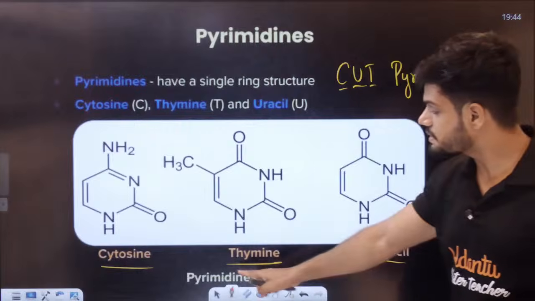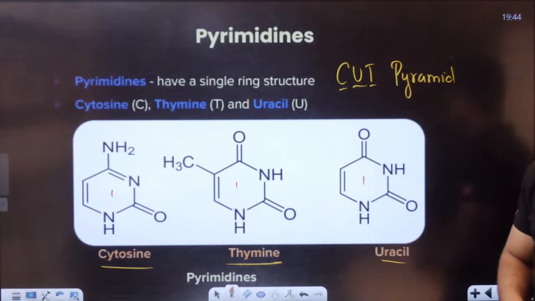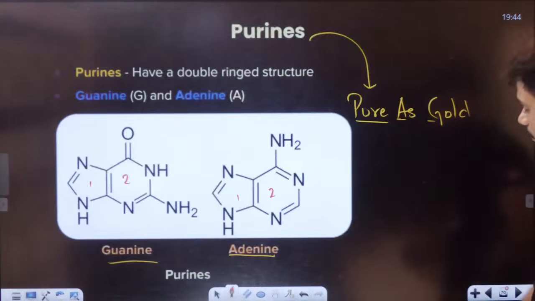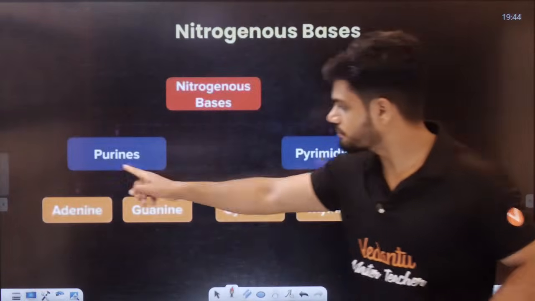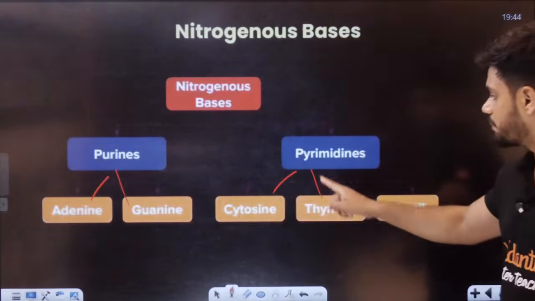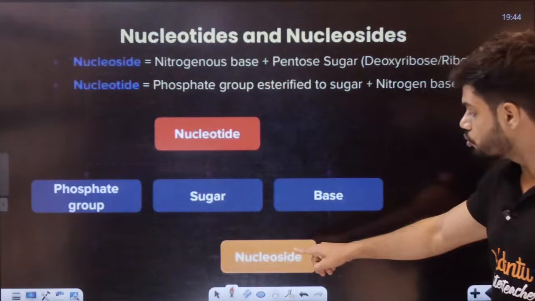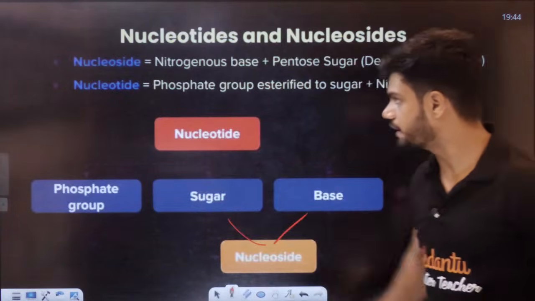While pyrimidines are always single ring structure. Again, remember one more time: pure as gold, cut the pyramid, done. A nucleotide will have all three, while a nucleoside will have only sugar and base. Nucleoside will not have phosphate.